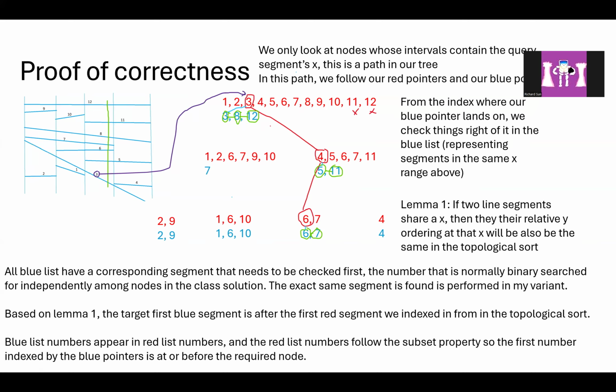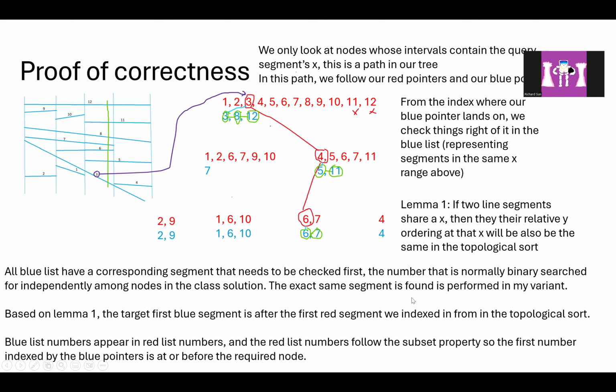The key idea to convince yourself that it works is the local ordering property: if two line segments share an X, then the Y forms a strict ordering.